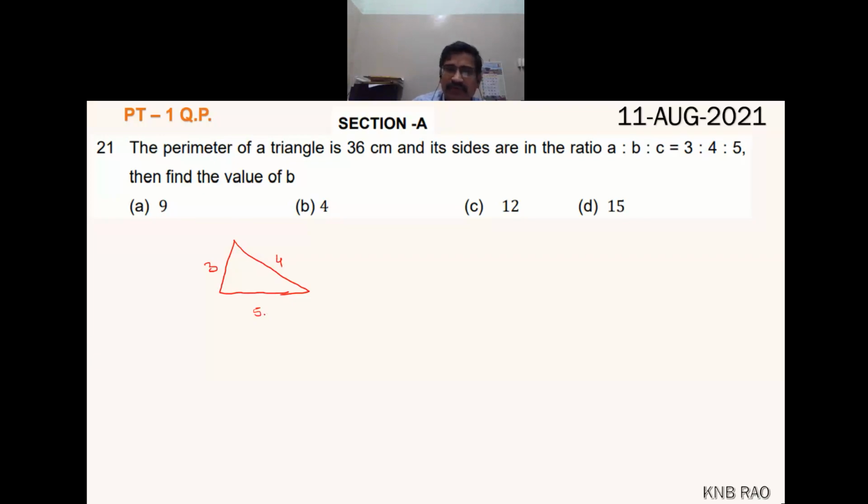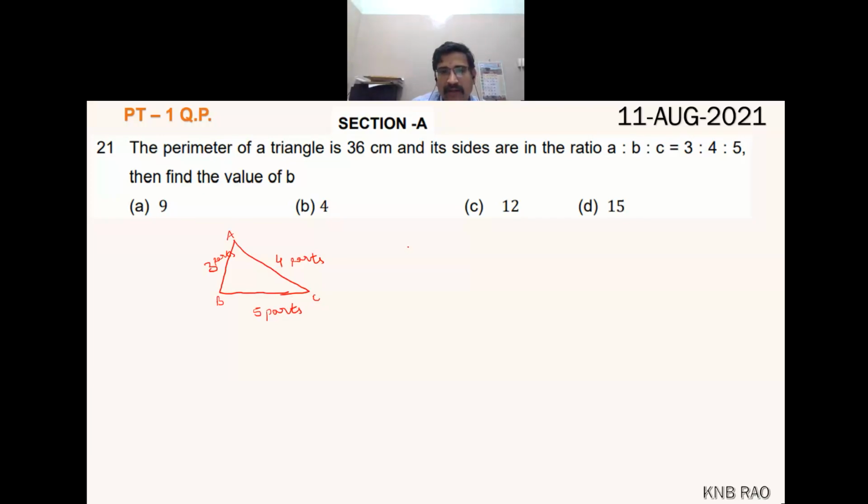Normally, whenever you see a ratio, as I taught you in class 8, make it as parts. Let the ratio constant be x. So in a triangle, one side becomes 3 parts, the other side becomes 4 parts, and the third side becomes 5 parts.